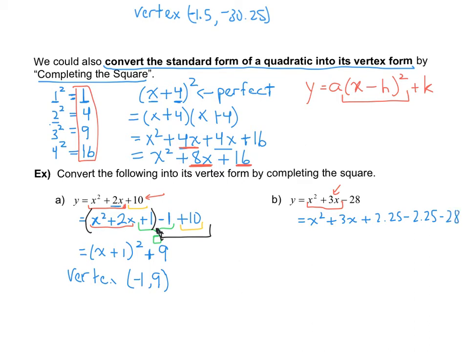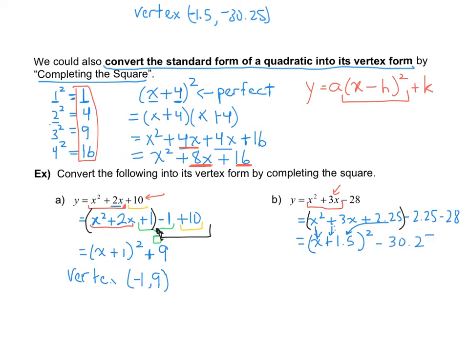I'm going to lump the first three together and factor them. That becomes my perfect square. That's going to be an x plus 1.5, square root the first, square root the last, take the sign from the middle, all to the exponent of 2, and then I'm going to combine the last two terms together.